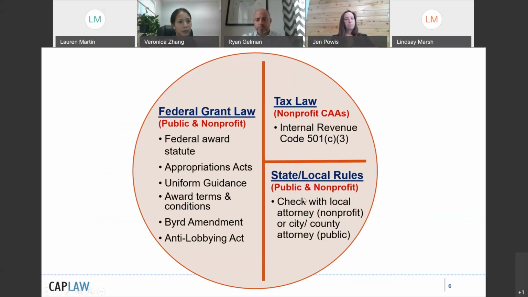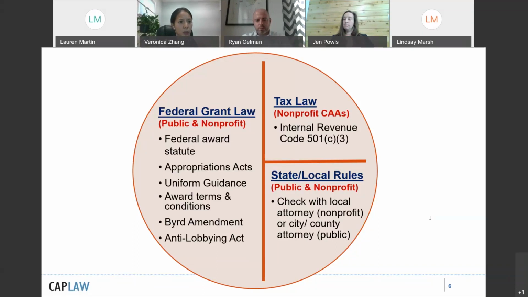So, for example, the federal CSBG Act and Head Start Act don't explicitly discuss lobbying, but lobbying is restricted for CSBG and Head Start funding because of federal appropriations acts, which have annually contained riders that essentially prohibit a large swath of lobbying activities. If you're just going to your CSBG Act and your Head Start Act, you might not see any restriction there, but just know that those restrictions are coming from other sources of law, such as the Federal Appropriations Act.